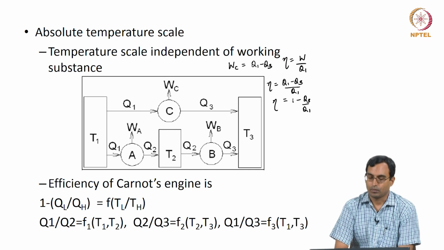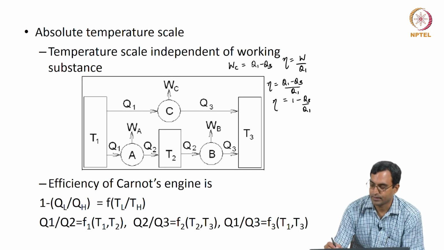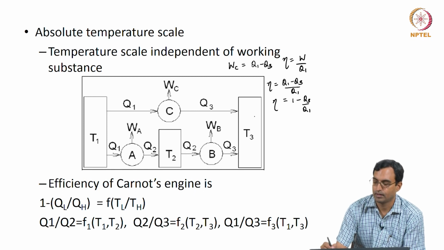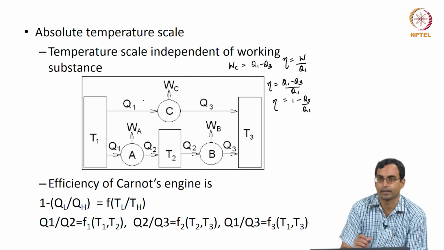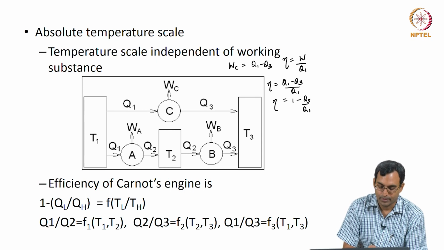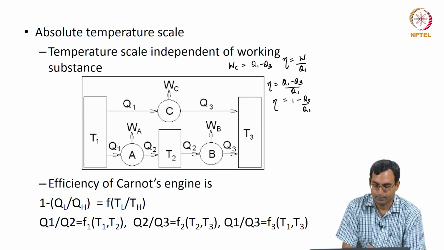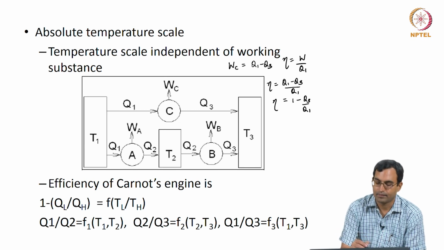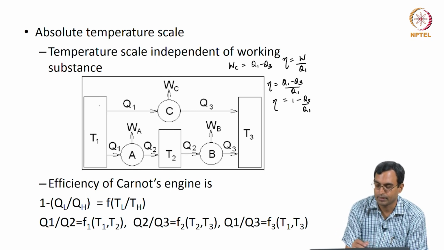So, essentially what we see is that our efficiency is 1 minus the heat transferred at the lower temperature divided by the heat transferred at the higher temperature. So, this would be the efficiency of this Carnot cycle operating between T1 and T3.